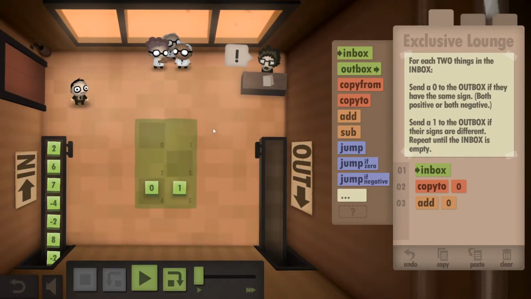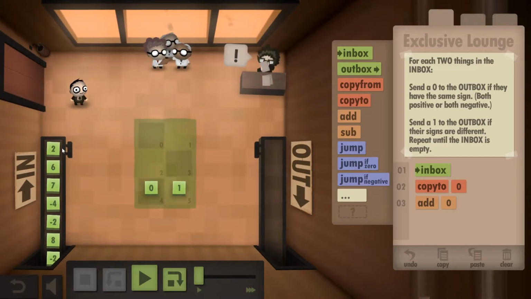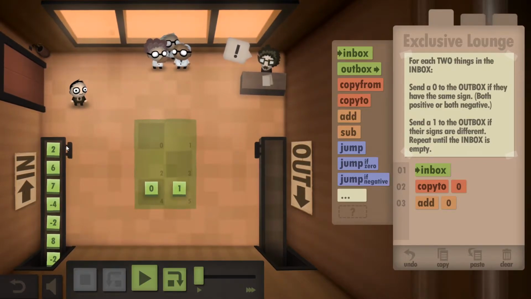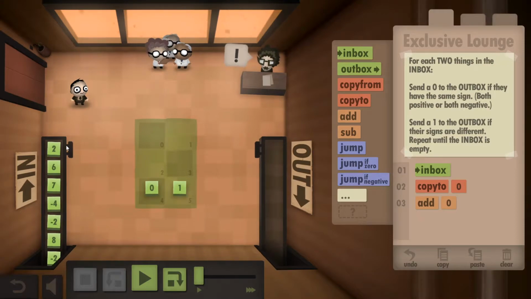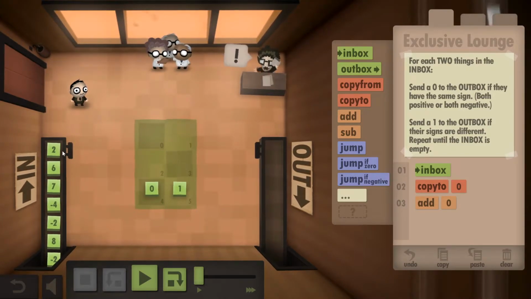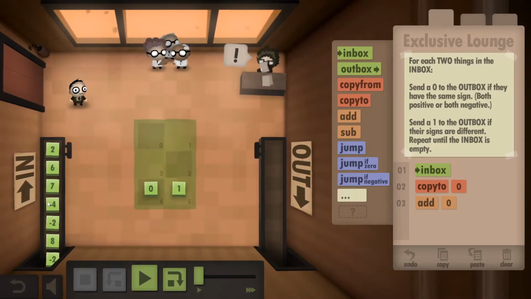If we add the two numbers together, how do we tell? So we add two positive numbers together. Oh, that's an interesting idea. If we add a negative number to a positive number, the result will always be smaller.